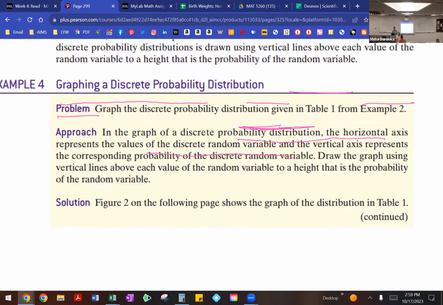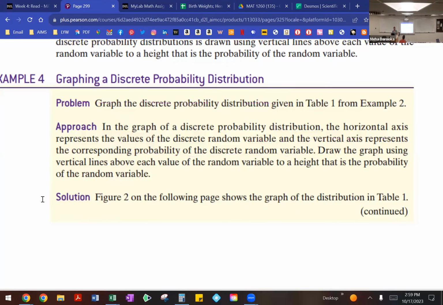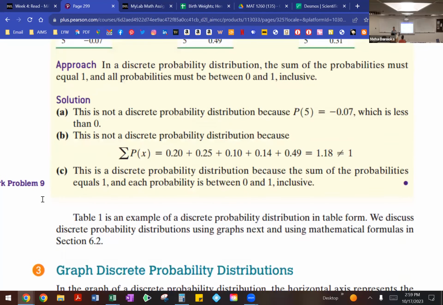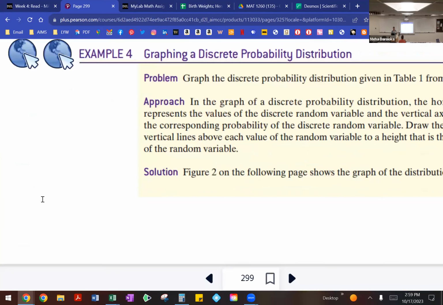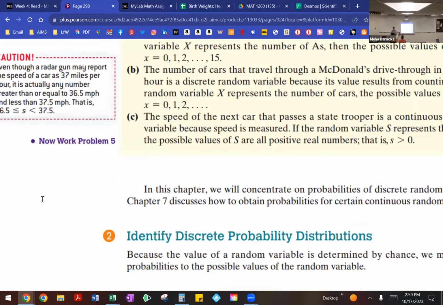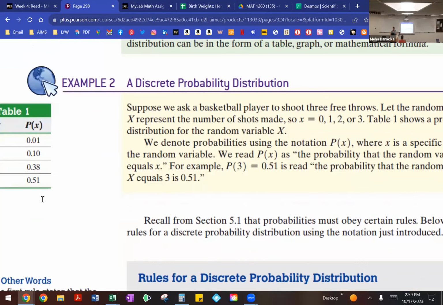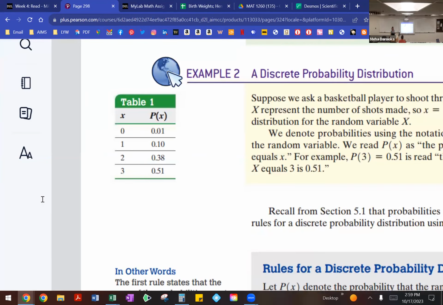So let's take a look at this example. This is table 1 from example 2. So remember, this was that basketball player making three free shots. The probability that he doesn't make a single shot was 0.1.